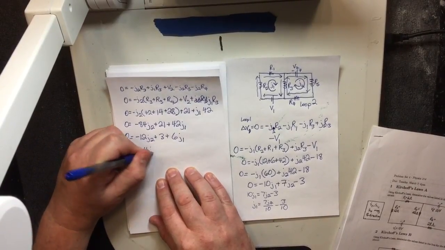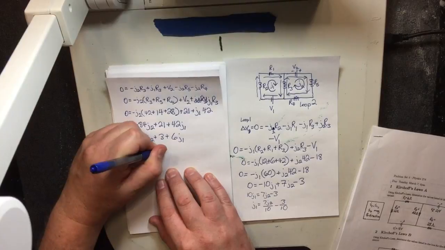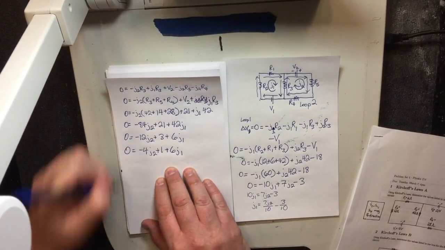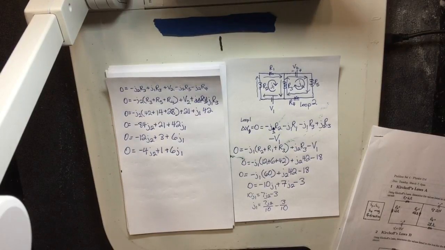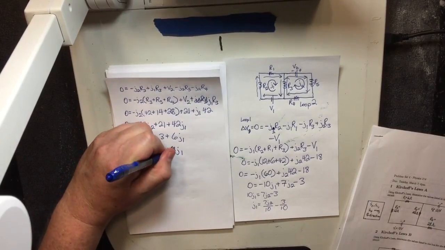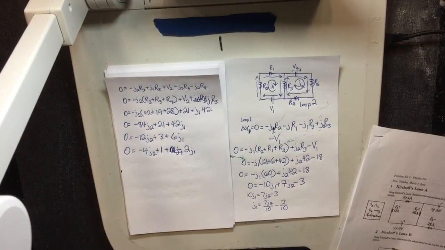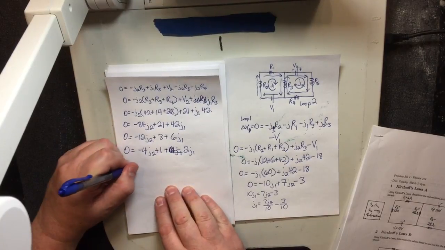Minus 4 J2 plus 1 plus 2 J1. So divide everything by 3. 12 becomes 4, 3 becomes 1, 6 becomes 2. Next, plug in J1 from over here.